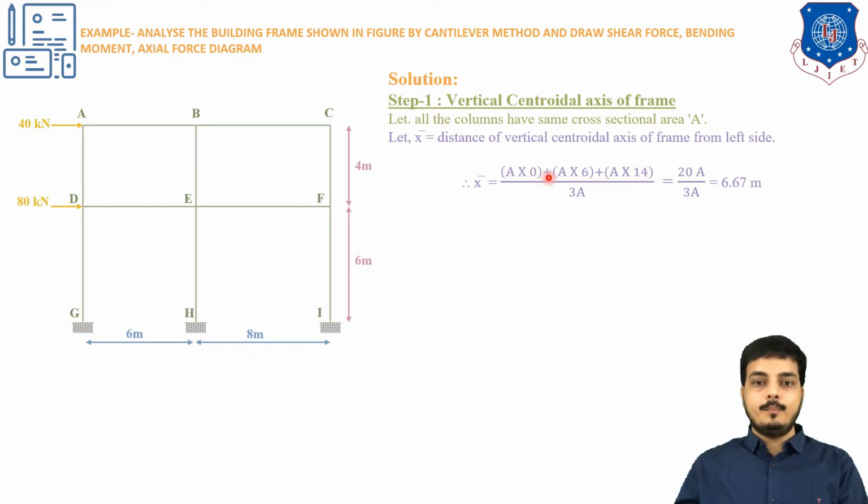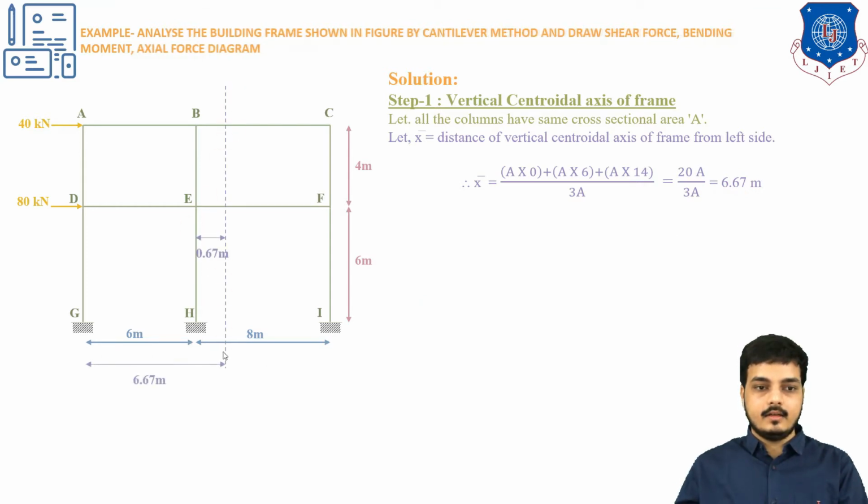So A times 0 plus A into 6 plus A into 14, divided by 3A, because there are 3 columns. It comes out to 20A divided by 3A, which equals 6.67. So my centroidal axis will be somewhere here at 6.67. This is my centroidal axis.